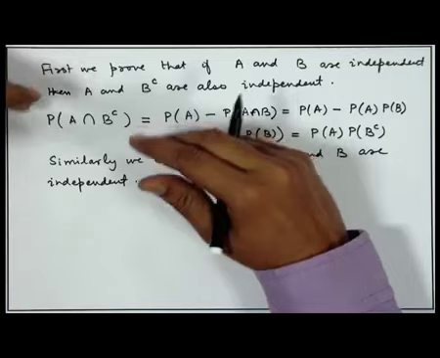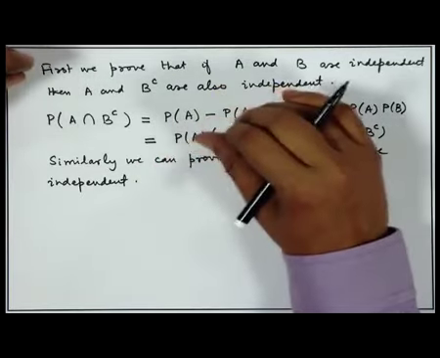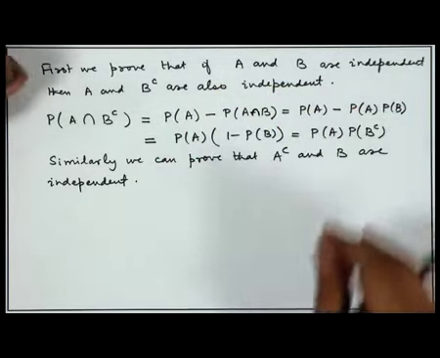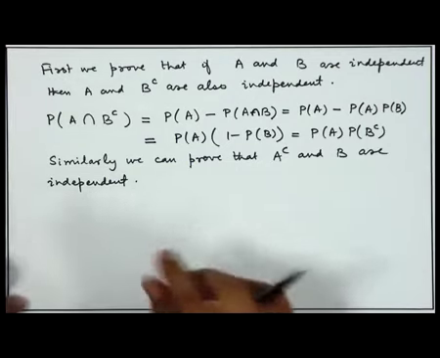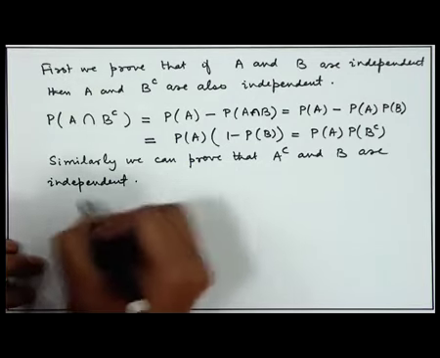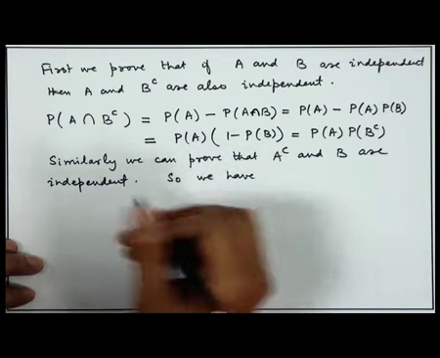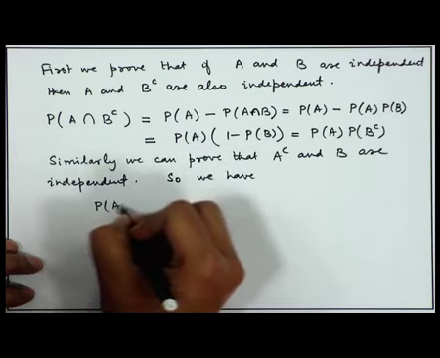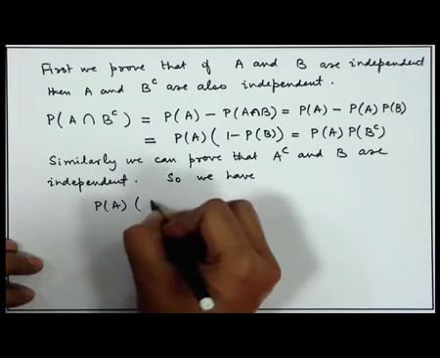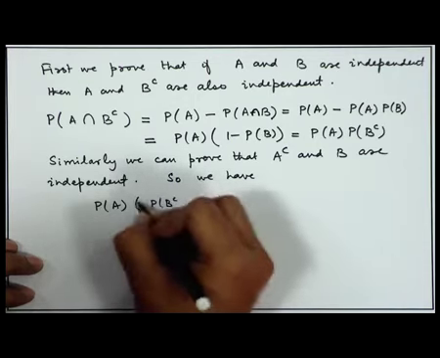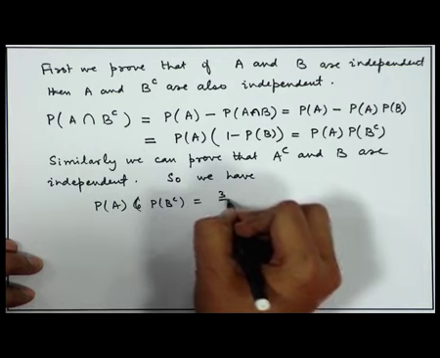If I just extend this argument on the next set of events, this means that we are having probability of A into probability of B complement is equal to 3 by 25.